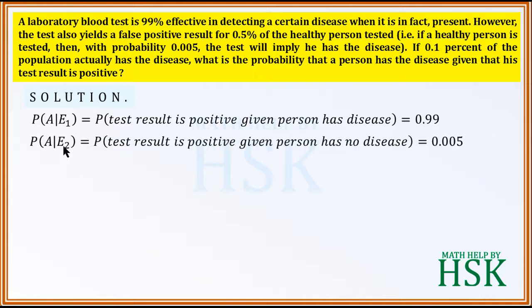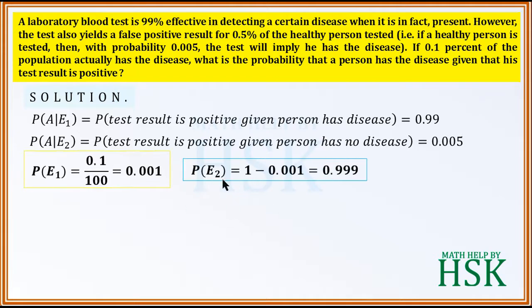And probability of A given E2 is the probability that the test is positive given that the person has no disease. This is the probability of the wrong result, given to us as 0.005.